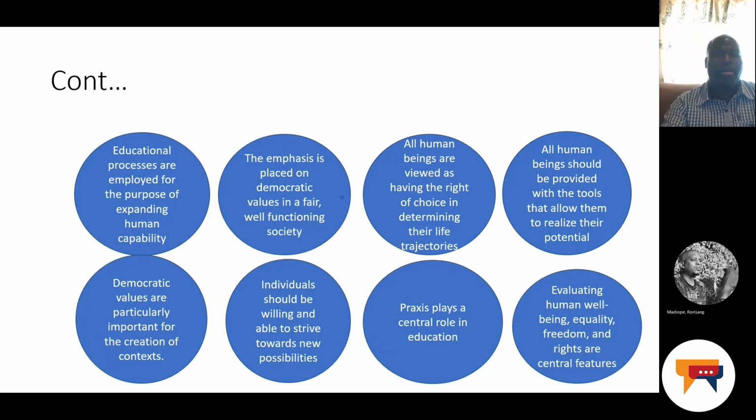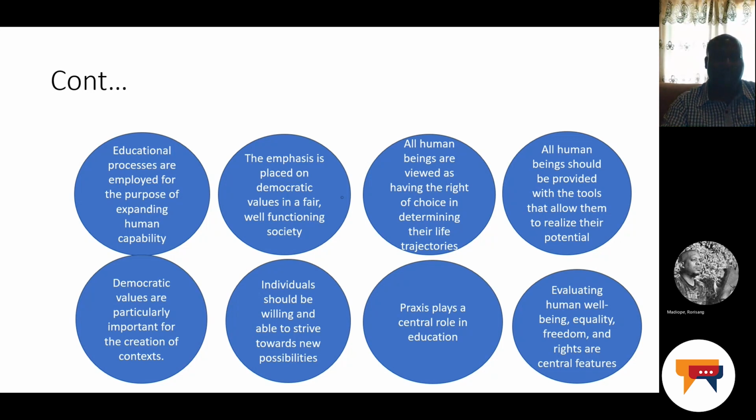And as we proceed, we're finding out that educational processes are employed for the purpose of expanding human capability, and the emphasis is placed on democratic values in a fair, well-functioning society, and all human beings are viewed as having the right of choice in determining their life trajectories, and all human beings should be provided with tools that allow them to realize their potential.